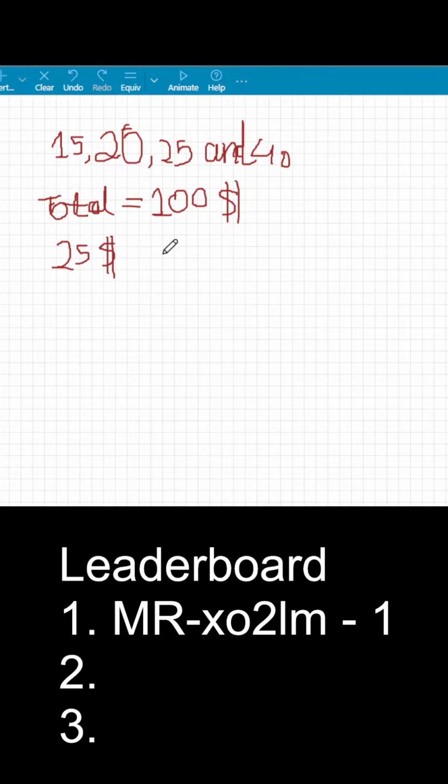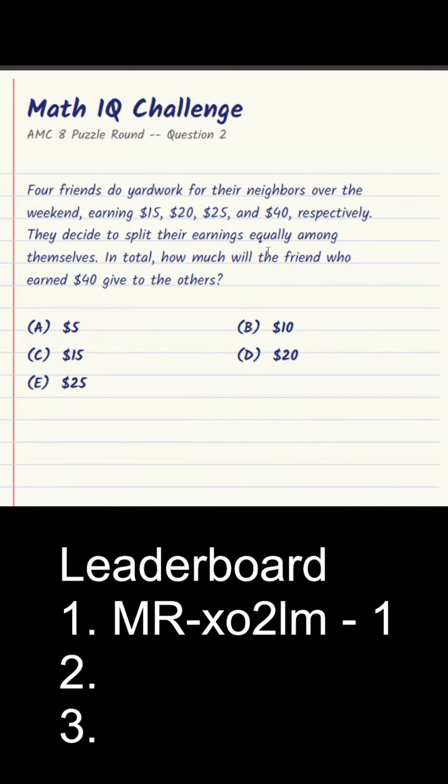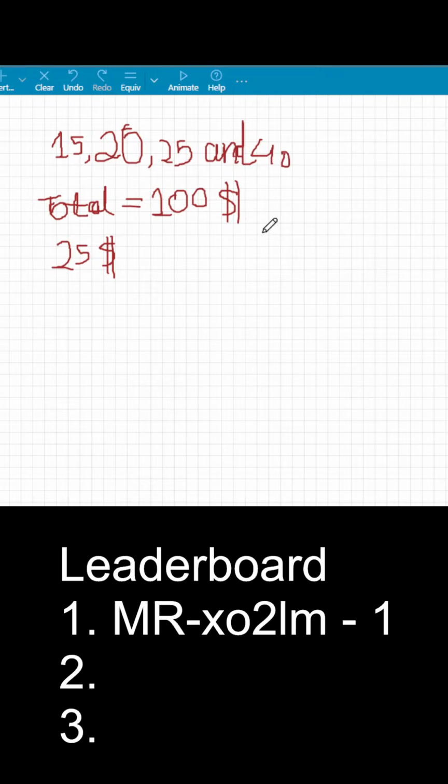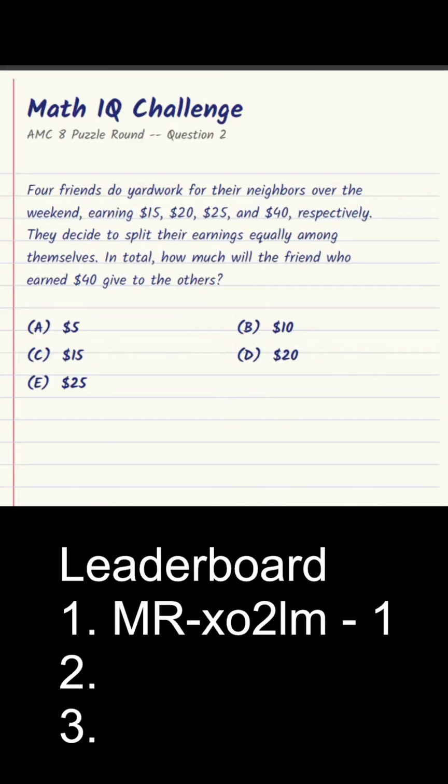So each of them gets $25, and the one who received $40 will also keep 25, so he will have to give 15 back to the others. So 40 minus 25, that is 15. So he will be giving $15 to his other friends. So that means that 15 is the correct answer. That is option C. So C is the correct answer.